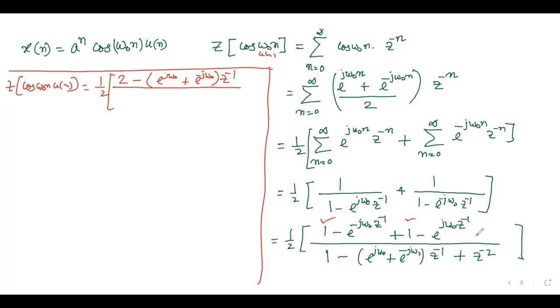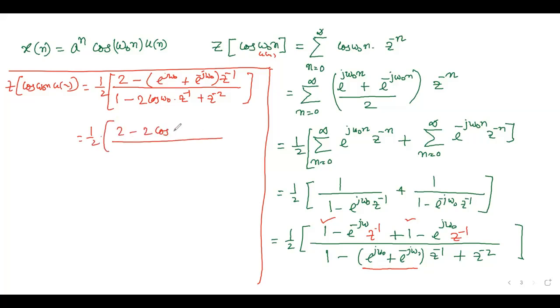Taking minus common, the denominator is 1 minus 2 cos omega 0 z inverse plus z inverse squared. So the numerator is 2 minus 2 cos omega 0 z inverse, and the denominator is 1 minus 2 cos omega 0 z inverse plus z to the power minus 2.